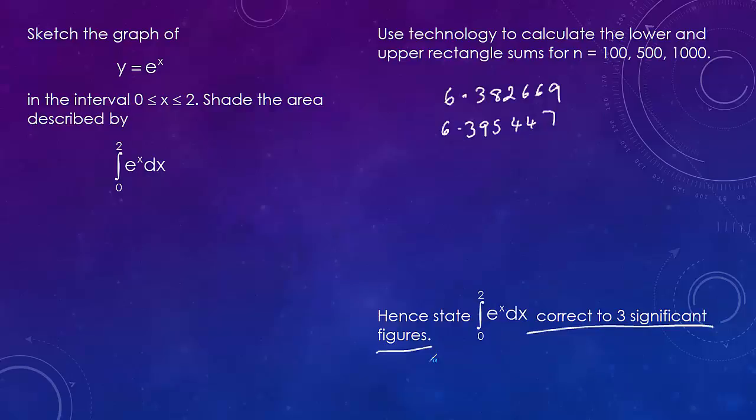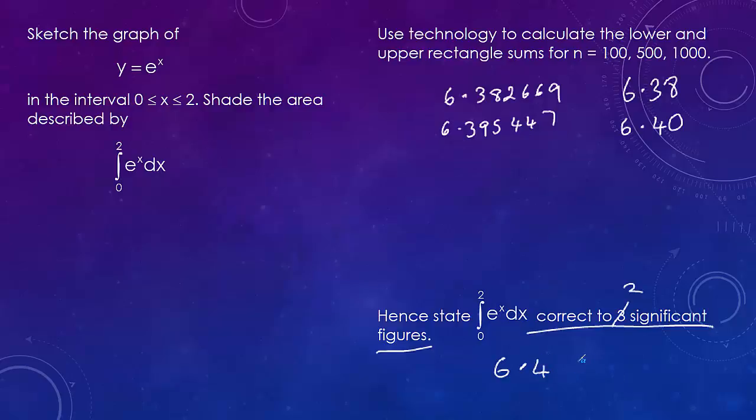Well, we can't actually do that because to three significant figures, this one is 6.38, this one is 6.40. We just can't use those figures to give us three significant figures. The best we could do here is two significant figures. So this would round to 6.4, this would round to 6.4.